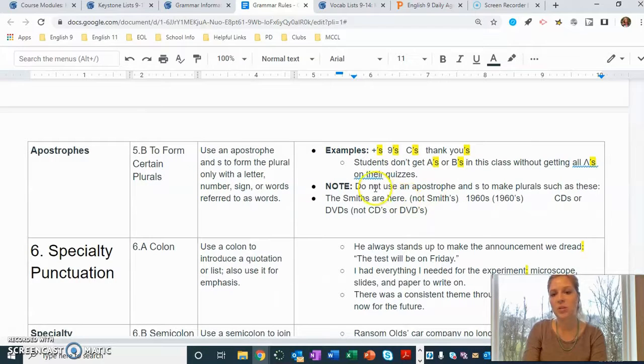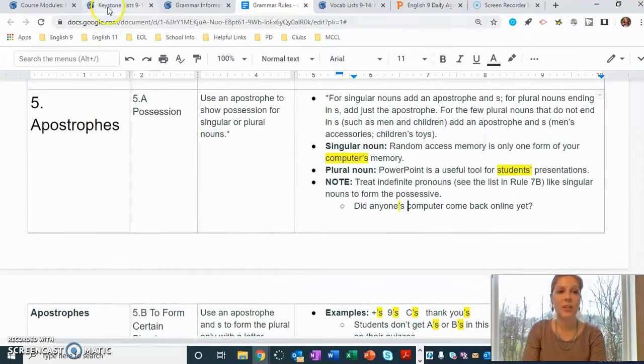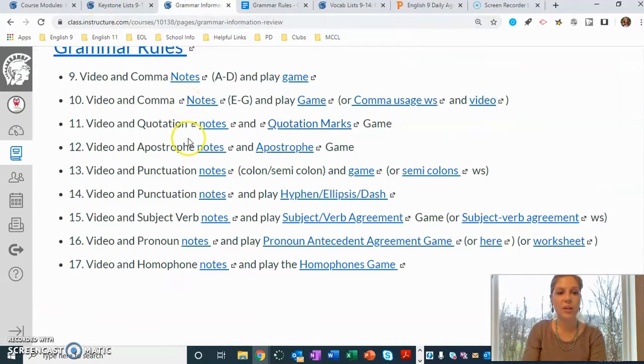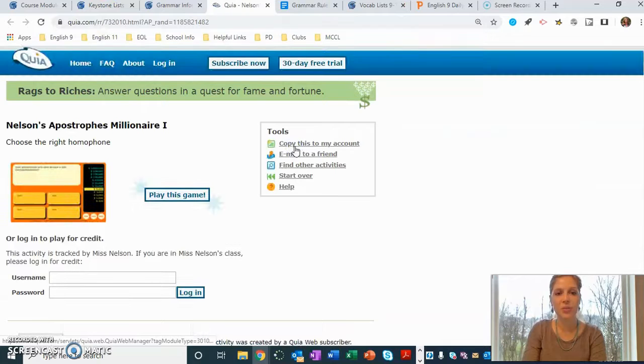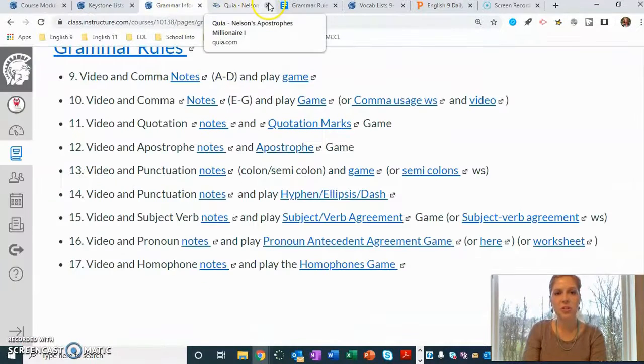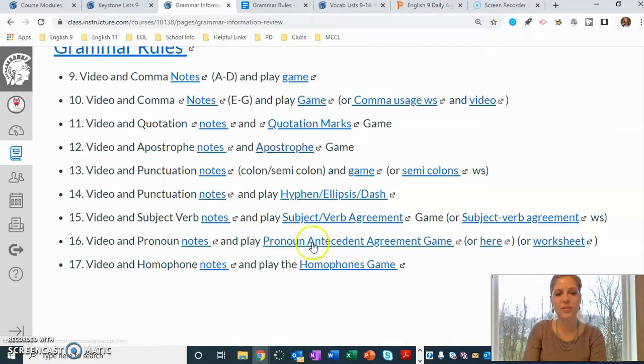You do not need to use an apostrophe and S to make plurals such as a family name, the Smiths, the 1960s, CDs, etc. Okay, and those are the apostrophe rules, so you can play the game if you wish to practice apostrophes.